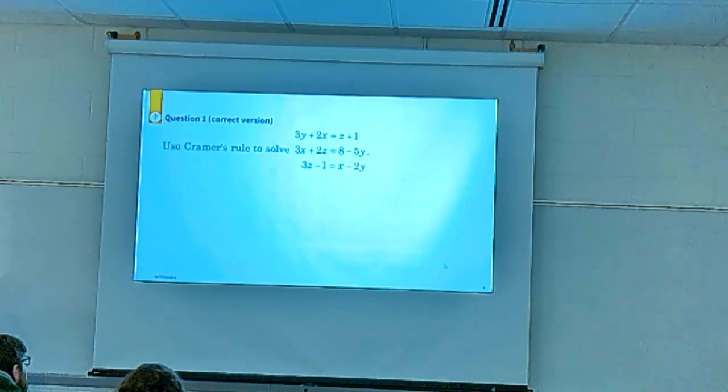And this will also show how big of a difference one simple coefficient change can make. This time, let's not rewrite it though. Let's leave it in that form and see if we can do it.